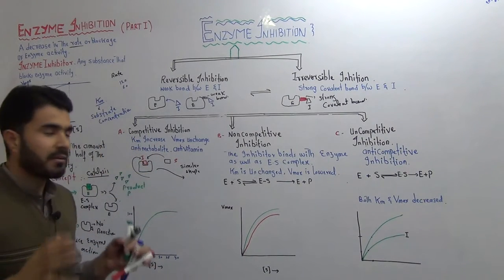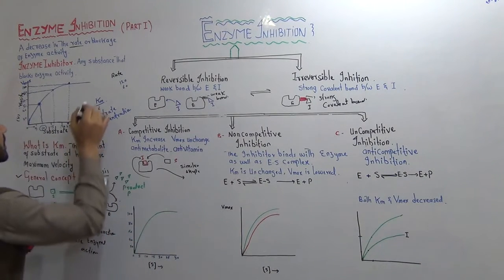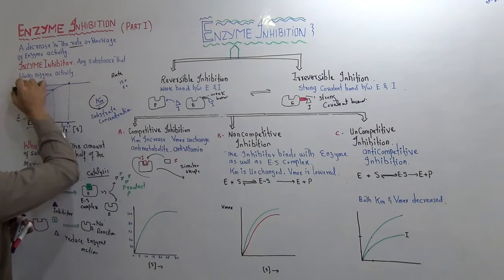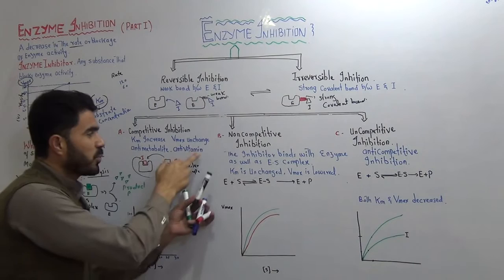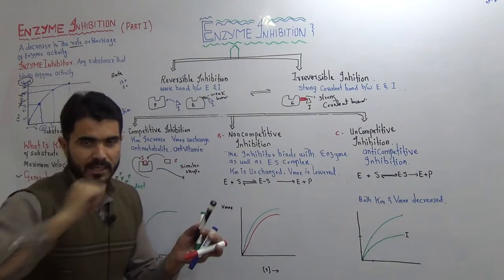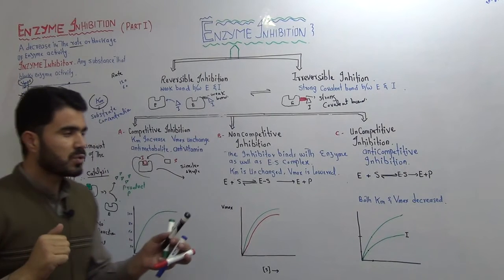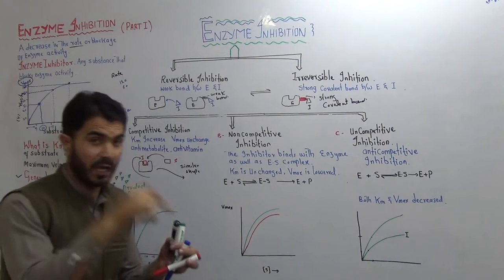How will we define competitive inhibition in terms of Km and Vmax? Up to this point, the idea was just for FSC students, the lower grade students. We don't usually tell FSC level students what Km and Vmax are.